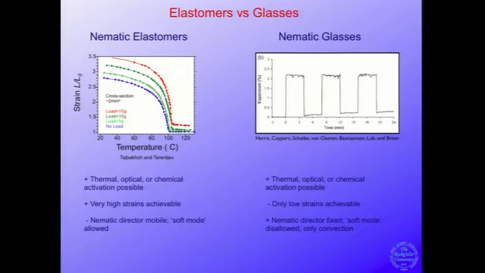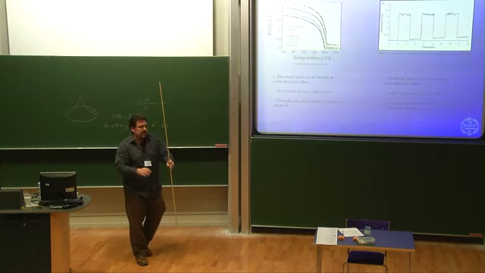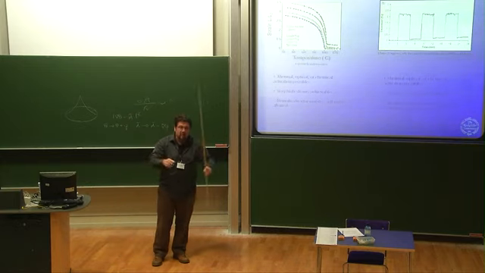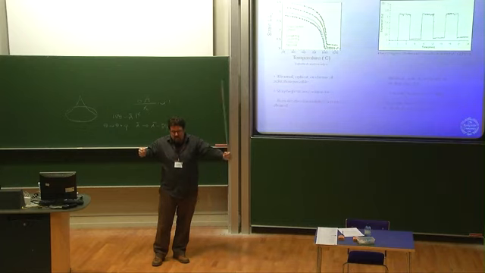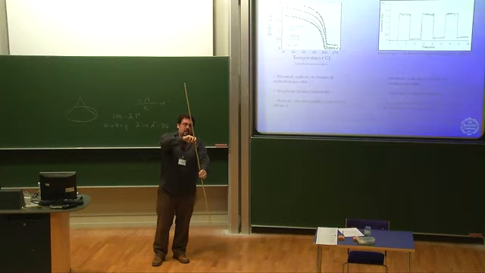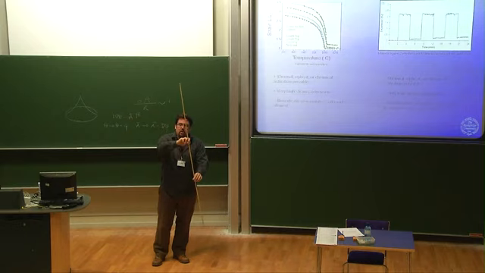coupling between the director and the imposed elasticity that's referred to as the soft mode. If you have a bulk piece of the material, with the director, the long direction of the random walks of the polymers, all aligned like this, and you pull it in the normal direction, the directors can all tip over for free in some sense.